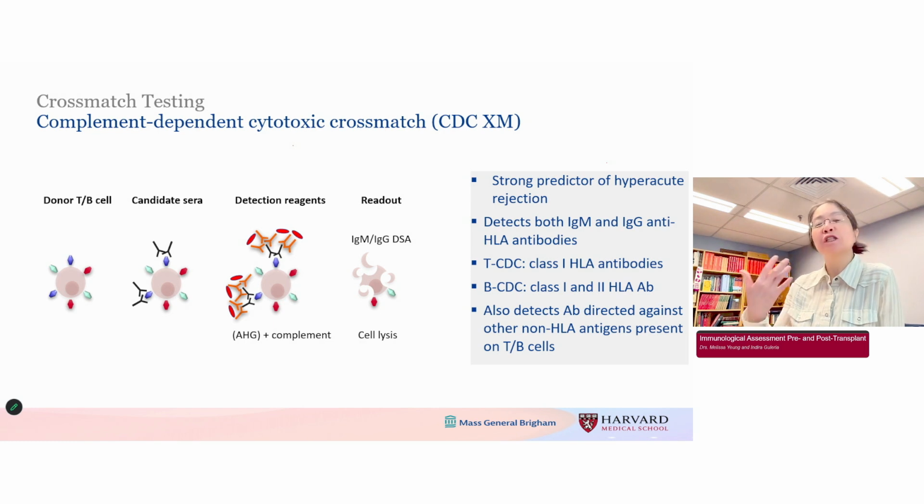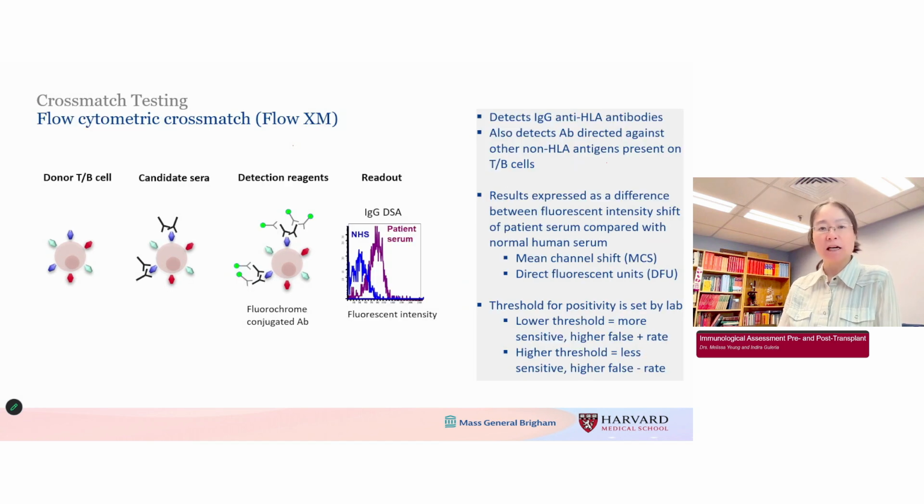So if a patient has had a recent sensitizing event where a seroconversion has not yet happened, and the antibody is very, very strong, you might get positivity on this assay, but negativity on the others. That's because in the flow cross-match assay, the detection reagent is a fluorochrome conjugated secondary antibody, but this secondary antibody is only going to be able to detect IgG.